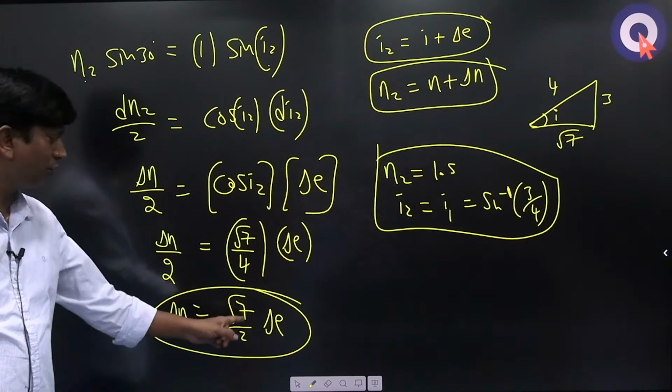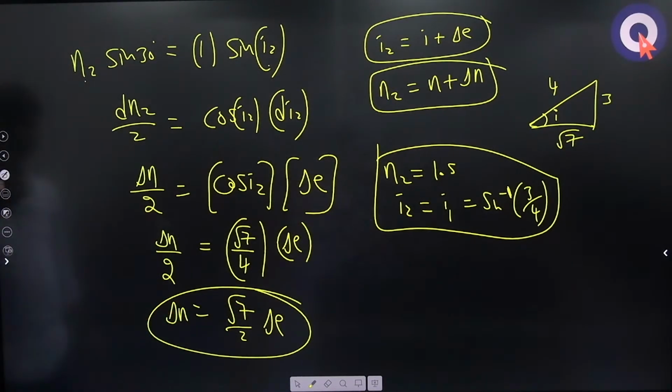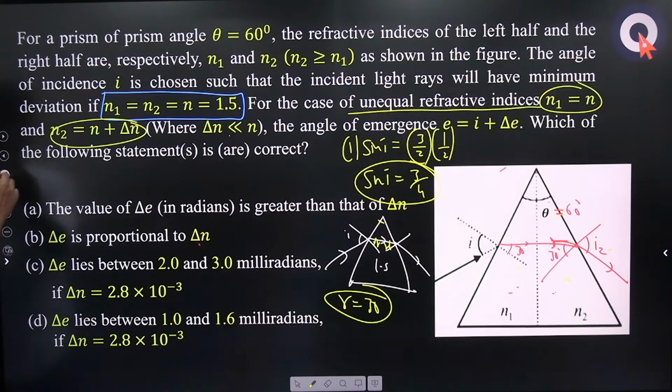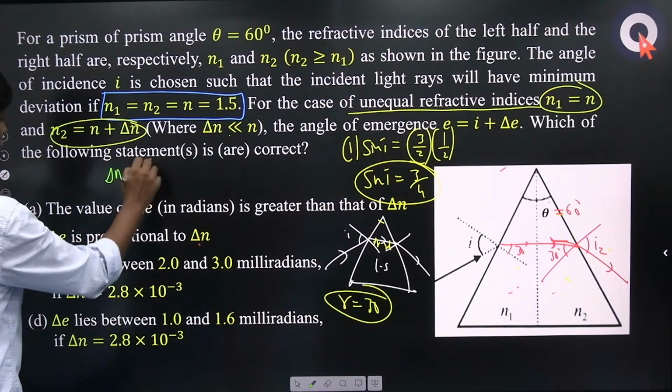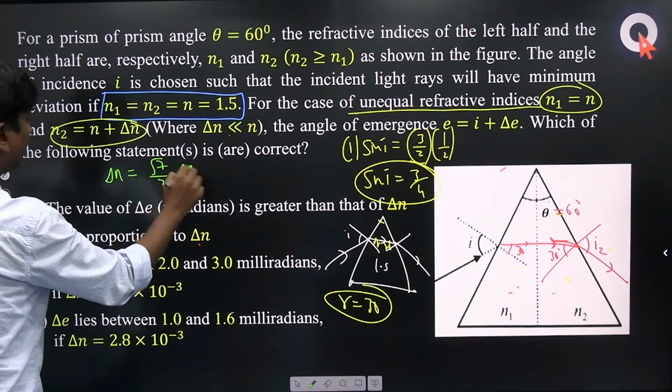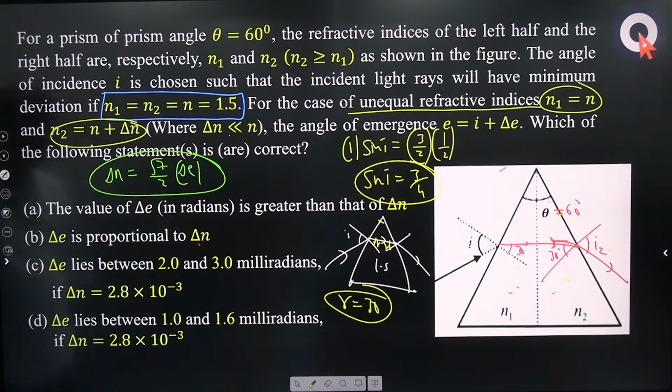So delta N is equal to root 7 by 2 times delta E. So let us get back. What you got? Delta N is equal to root 7 by 2 times delta E. Look at this and just try to check it.